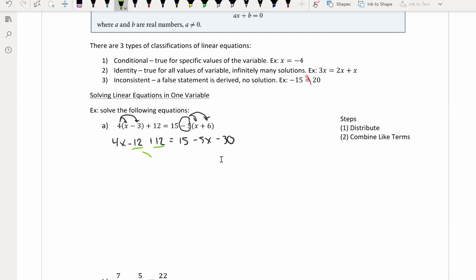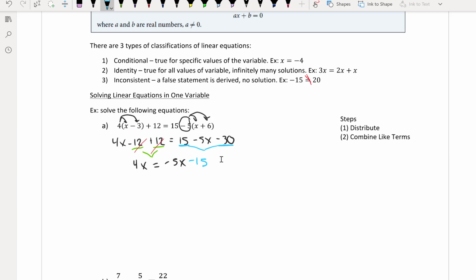When I combine them together, they cancel out. So I'm just left with the 4x here. Now, on the opposite side, I still have that negative 5x, but now I see I have a positive 15 and a negative 30. So those two are going to combine together. So a positive 15 and a negative 30 is going to give me a negative 15.